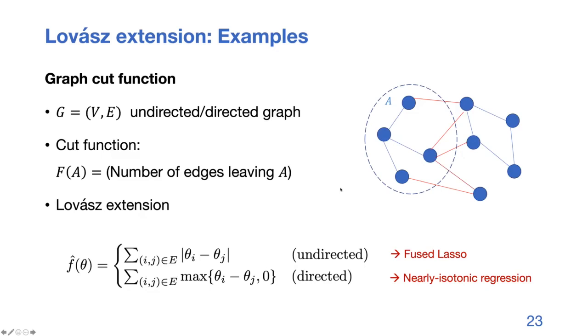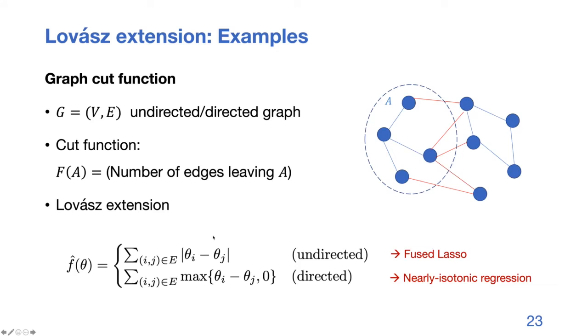And the third example is a cut function of a graph. Suppose that we have a graph G, which is either undirected or directed. Either one is okay. The cut function of this graph is defined as the number of edges leaving from a given subset A. And then the Lovász extension of the cut function is given by this equation.